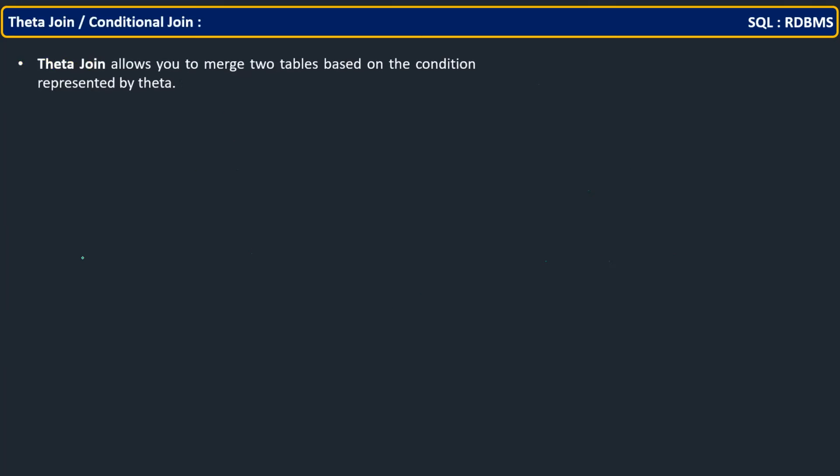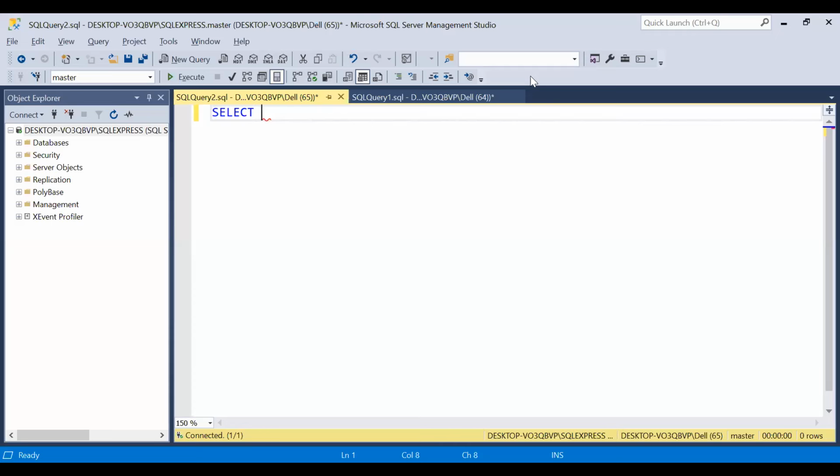Theta join allows you to merge two tables based on the condition represented by theta. So what is that condition? Yesterday we saw it with equal. For example, select star from EMP E, where E is an alias name as I told, and DEPT D, where D is the alias name for the DEPT table.